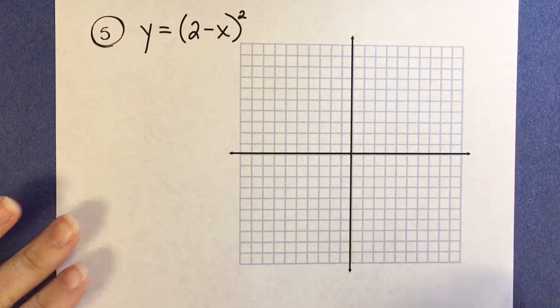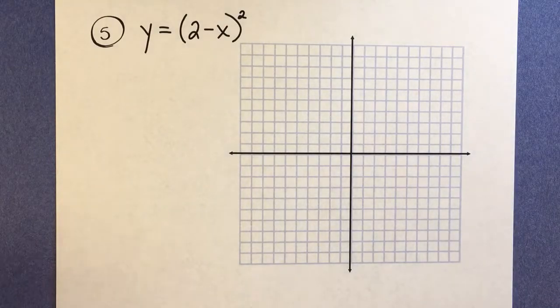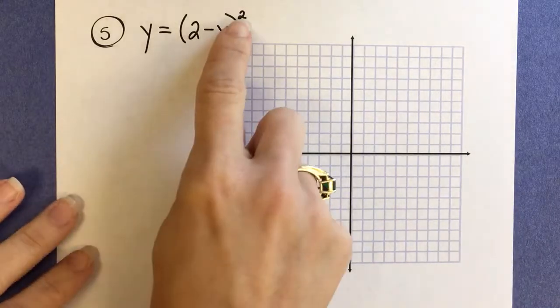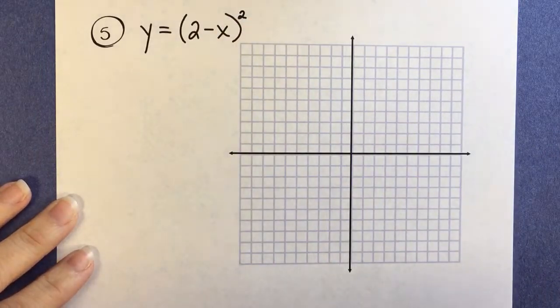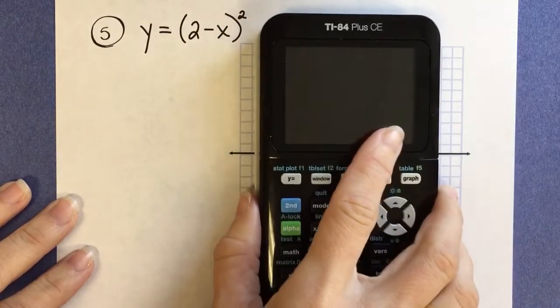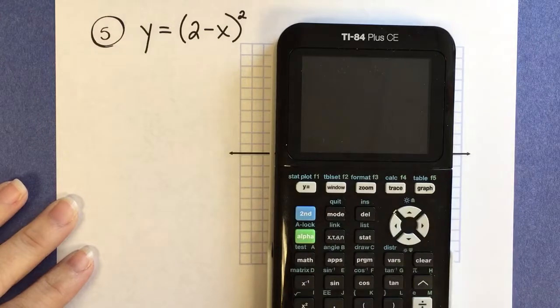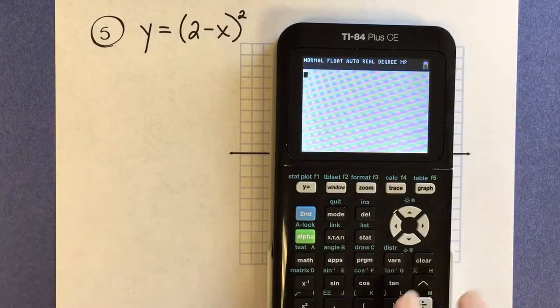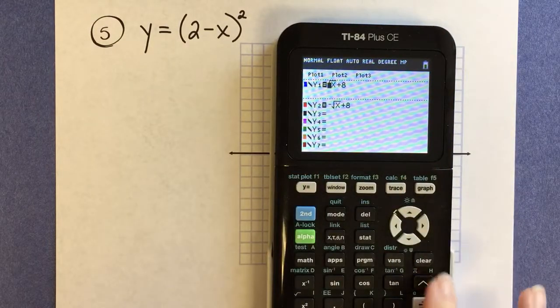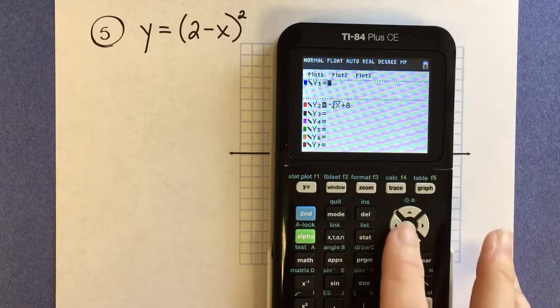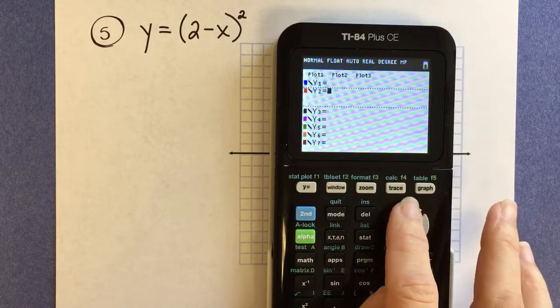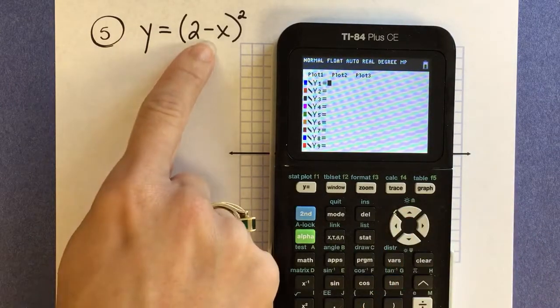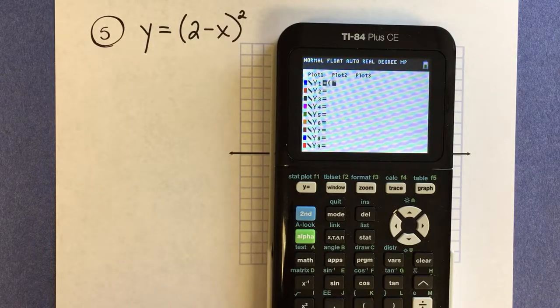Now, this time I'm dealing with a parabola, because you remember that having the second power indicates that this is quadratic, which means it's a parabola. So if you want to use your calculator to help you with graphing this one, you can. Okay, so let's enter our function into our y equals.